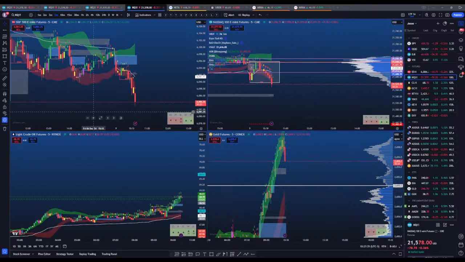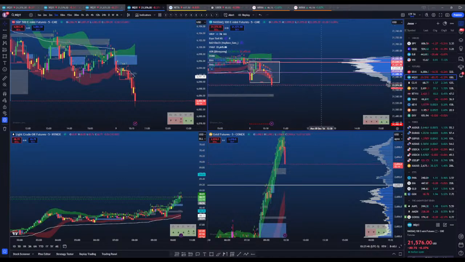And then I'll probably just take the 222 with a proper strat stop loss, so prior 5-minute high, and go from there.